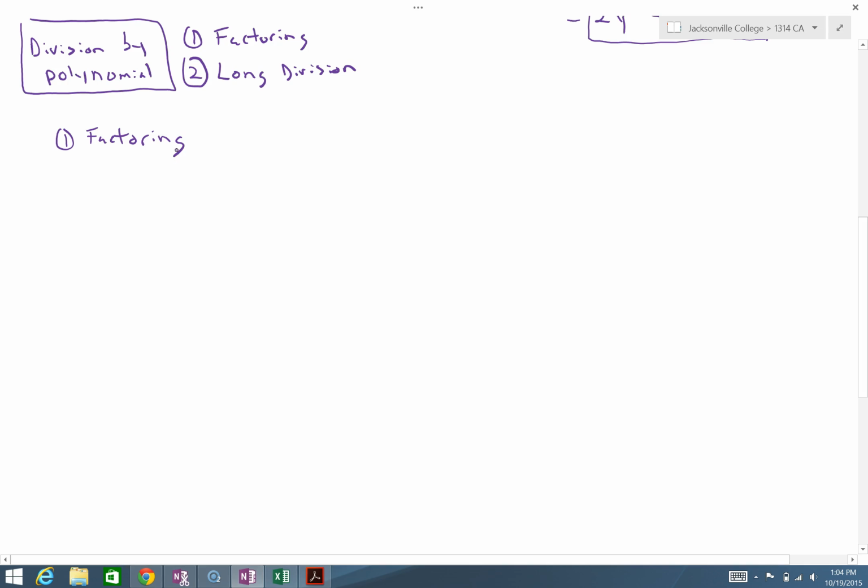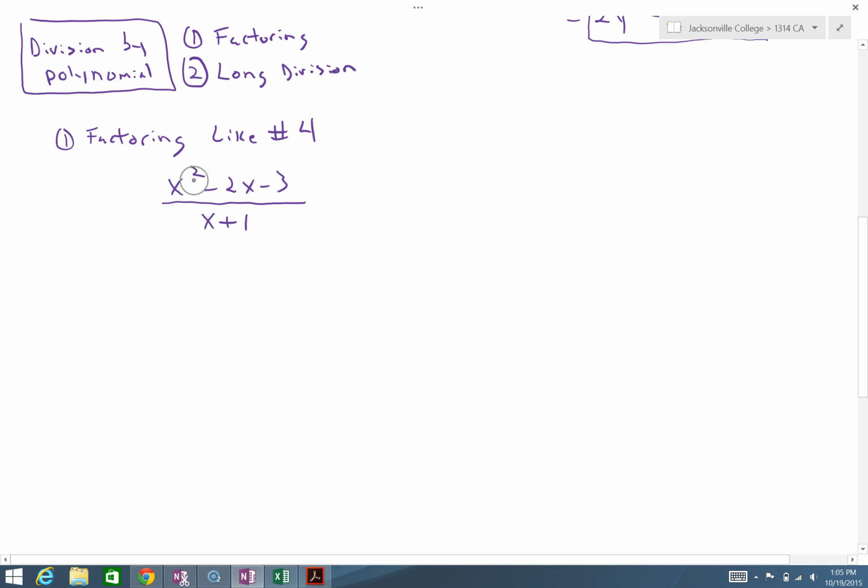And this problem is much like number 4 from XYZ. All right, let's say we have x squared minus 2x minus 3, and we are dividing by x plus 2. Pardon me, x plus 1.